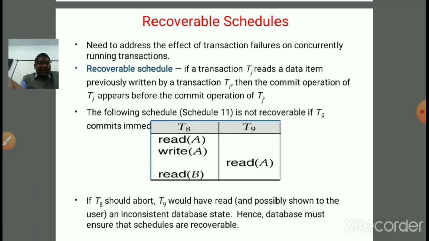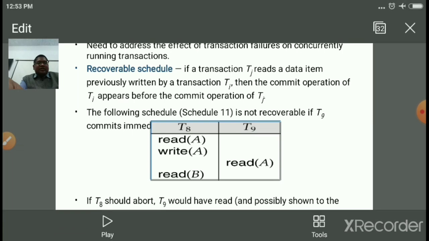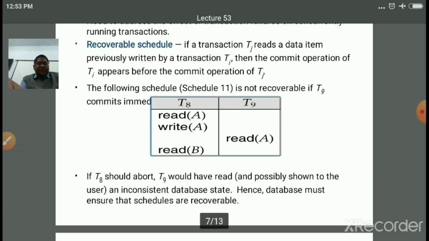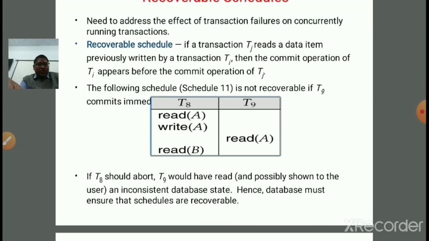Suppose T8 and T9 are given. T8 is doing read on A, then write on A. After that, T9 is reading the value which was written by T8, and after that, T8 again is reading the value of item B. Now, if T8 should abort, then T9 would have read, and possibly shown to the user, an inconsistent database state.